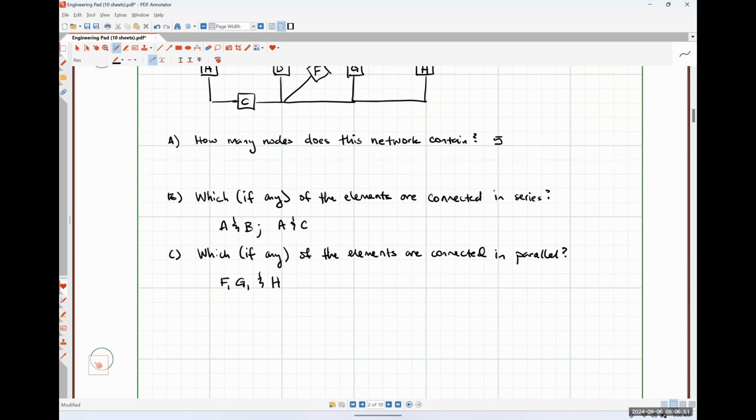And we'll add 2 more questions. So question D. How many meshes does the network contain?